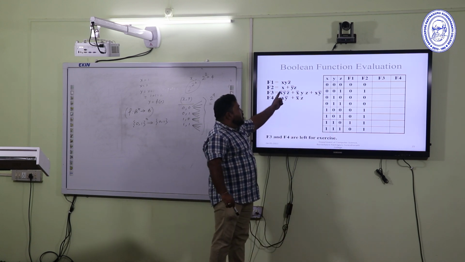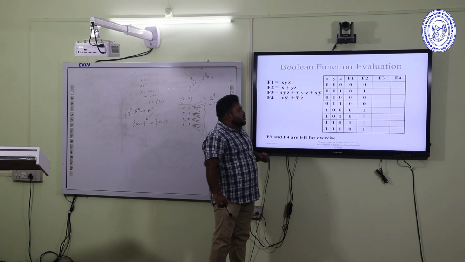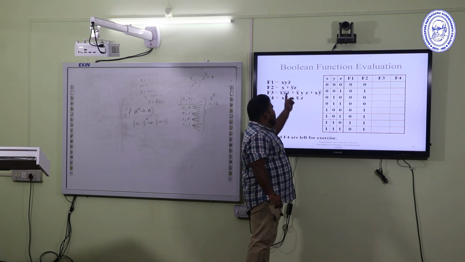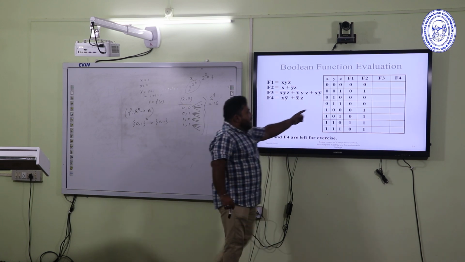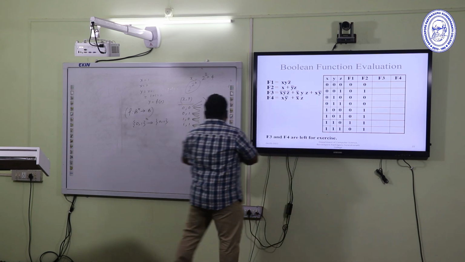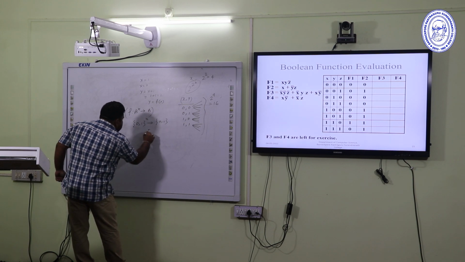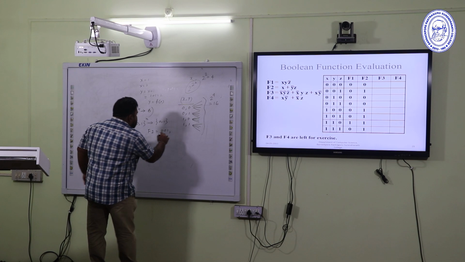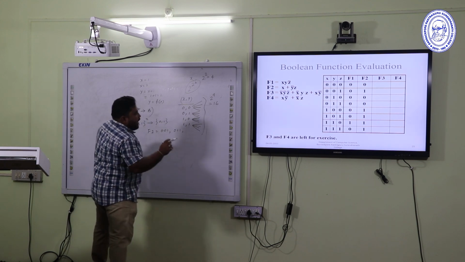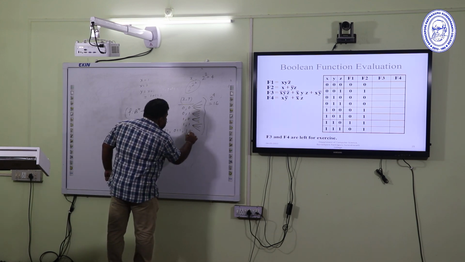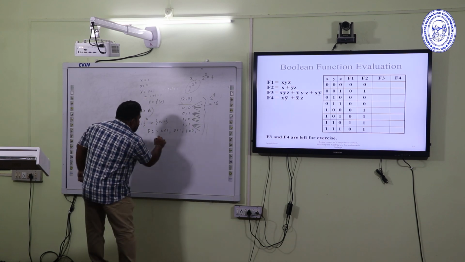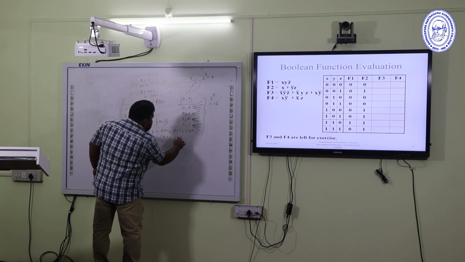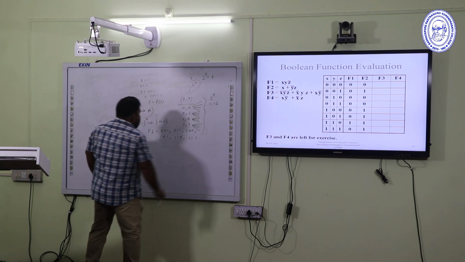According to f2, that is x plus y prime z, the combinations are 0 0 1, 0 1 1, 1 0 0, 1 0 1, 1 1 0 and 1 1 1.